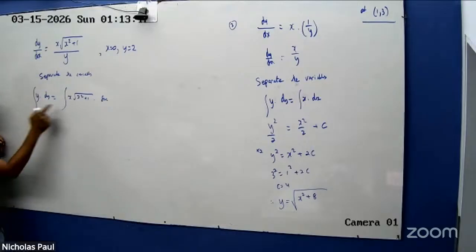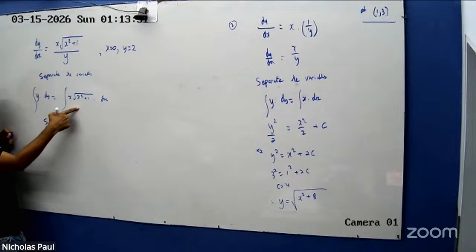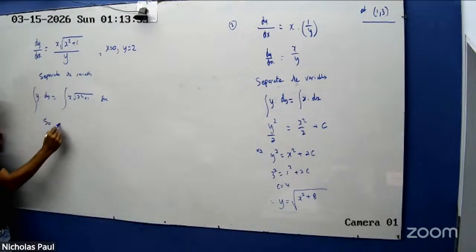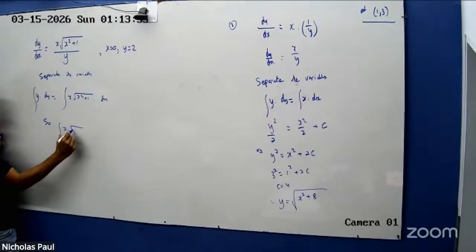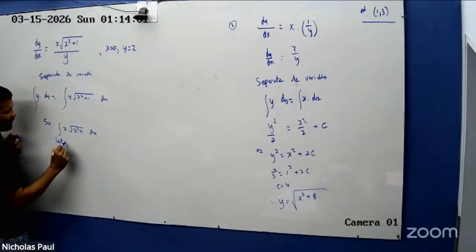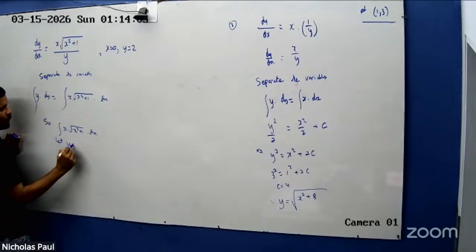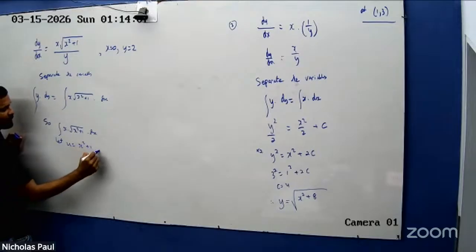So we're going to focus on integrating here. I'm just pulling this out for now. So I want to find the integral of x over the square root of x squared plus 1. So let u equal x squared plus 1.